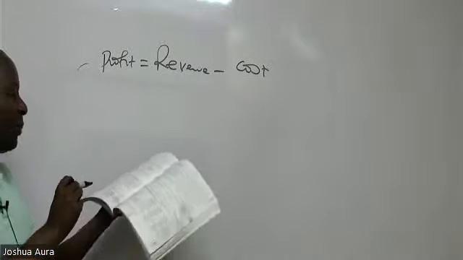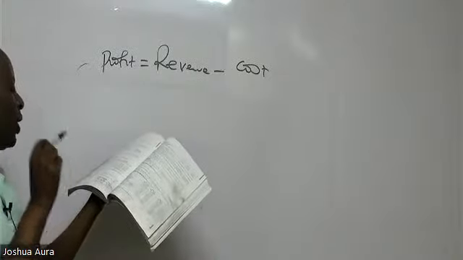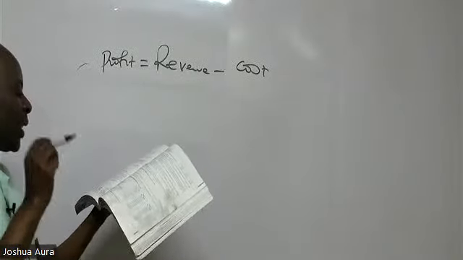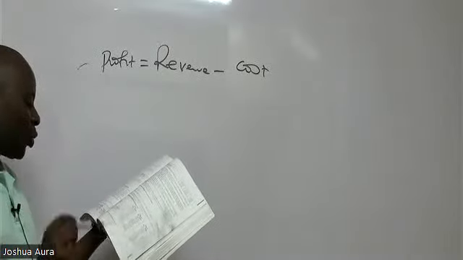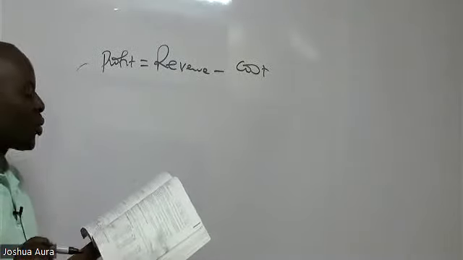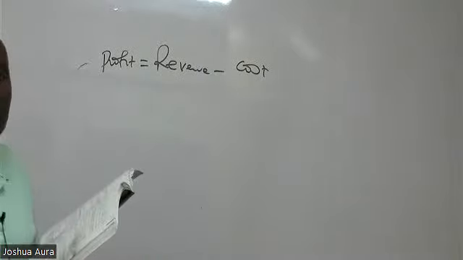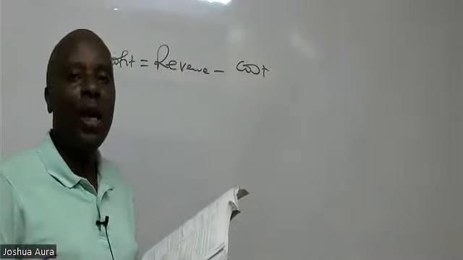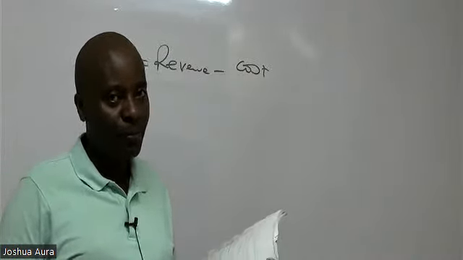So we are given some table there. You can see in this second paragraph they've told us if Huge Limited acquires Tiny Limited, the expected results of Tiny Limited for the next years will be as follows. So we have sales, we have cash cost and expenses, we have capital allowance. In finance, whenever you see capital allowance, what should come to your mind? For us, capital allowance is depreciation.